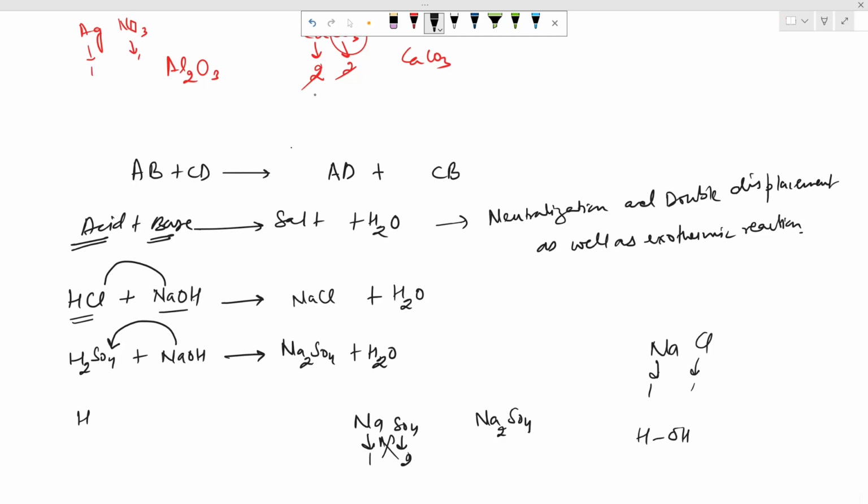Next is HCl. Tell me what it's going to form when HCl reacts with magnesium hydroxide. What is going to form?